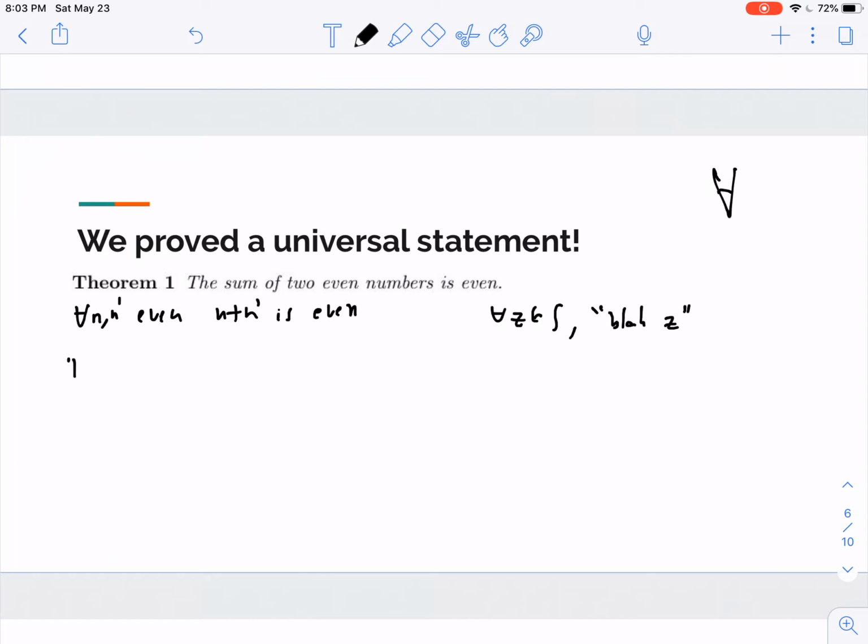So the first thing that we did was fix some n and n prime, arbitrary even elements. And then the second thing that we did was prove the conclusion that n plus n prime is even, right?